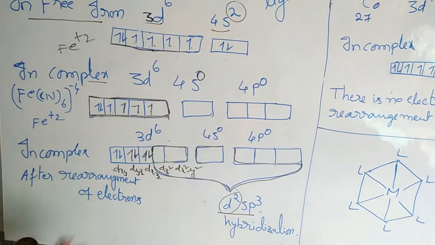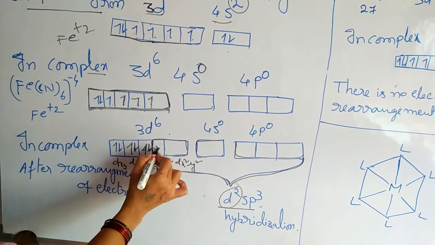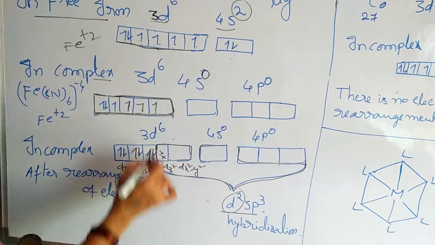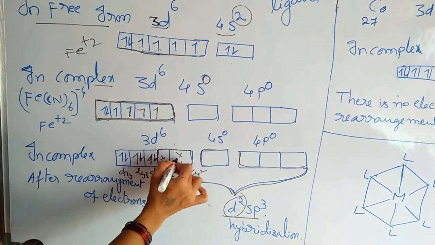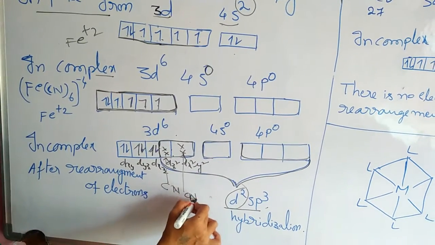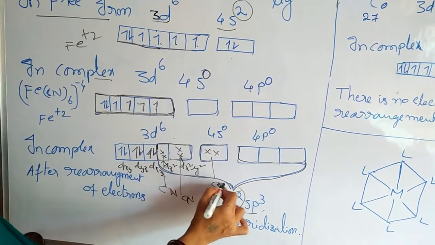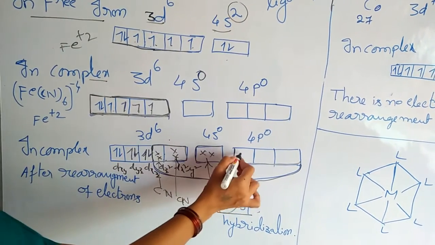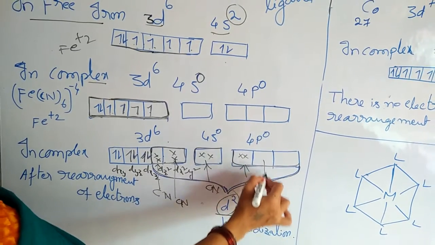These empty orbitals are filled with ligand electrons. Here 6 ligands are there, and each ligand donates one electron pair to the central metal atom like this.